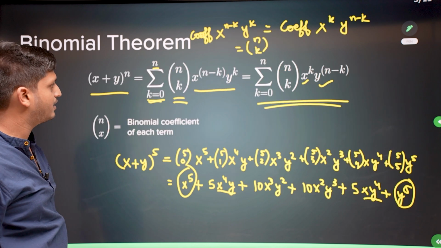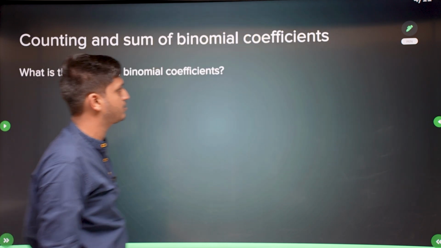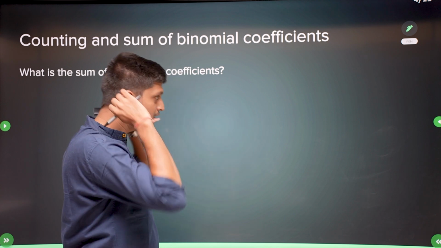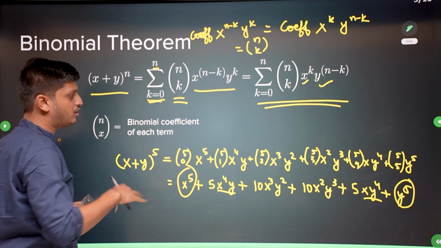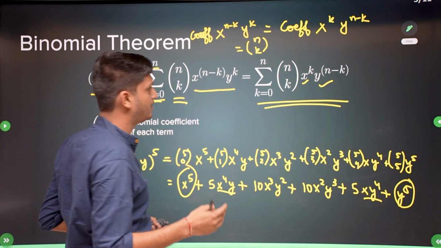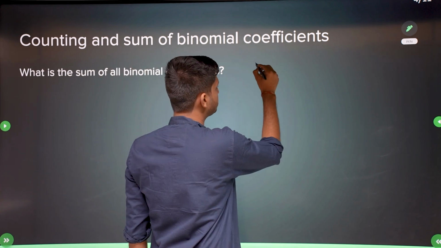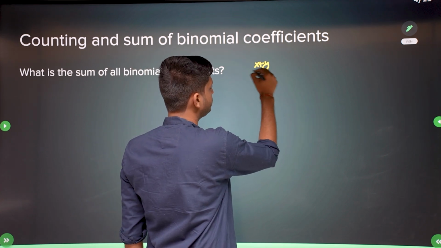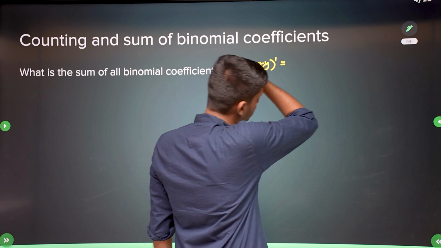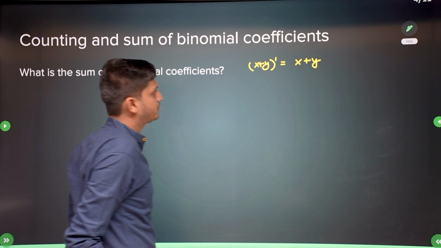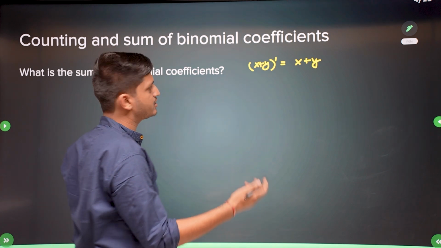And there is an interesting observation. I will come to the sum. If you just put all these coefficients in a fashion, actually you can create a beautiful triangle. So what is x plus y to the power 1? It is just x plus y, right? So here you are having just one coefficient.